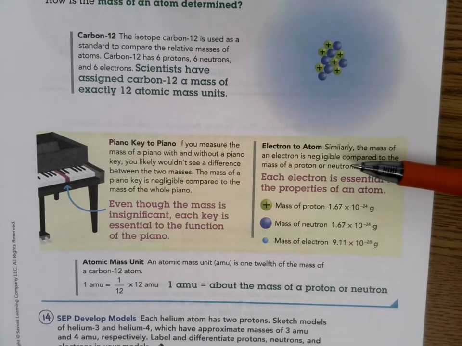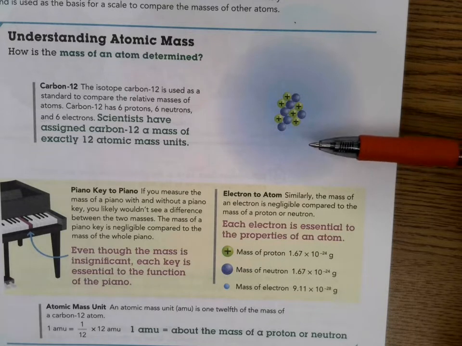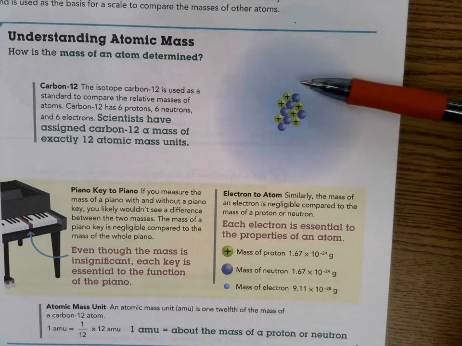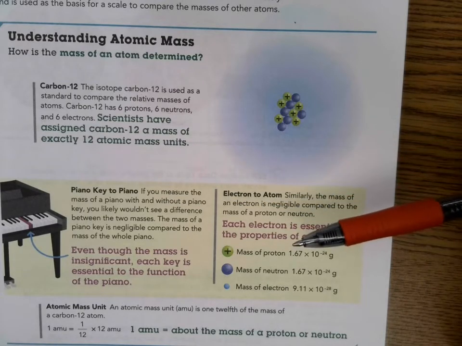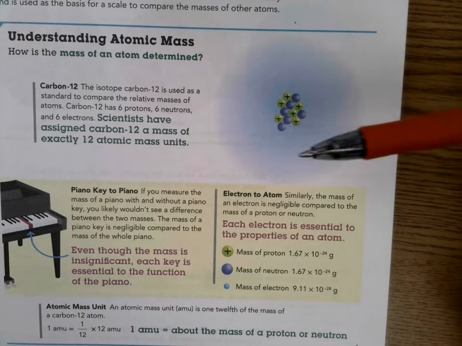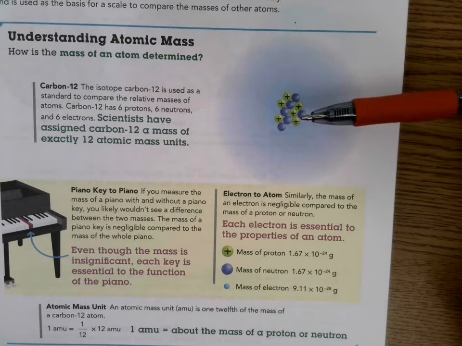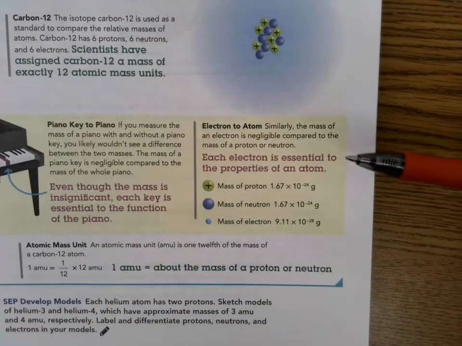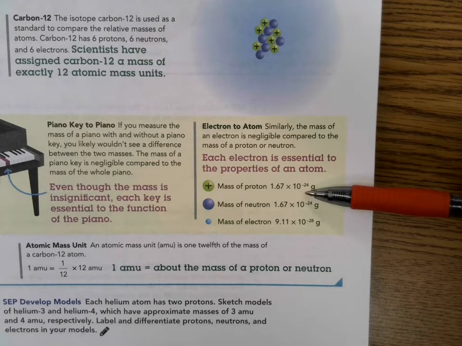The same goes for atoms. The electrons in the electron cloud may not make up much of the weight of the atom itself, but they are very important. They are responsible for a lot of the characteristics of chemical reactions and bonding between atoms. So you have to imagine electrons are extremely important, but they don't contribute much to the weight of the atom. If you look down here, we have the masses written for you. We have 1.67 times 10 to the negative 24 grams.